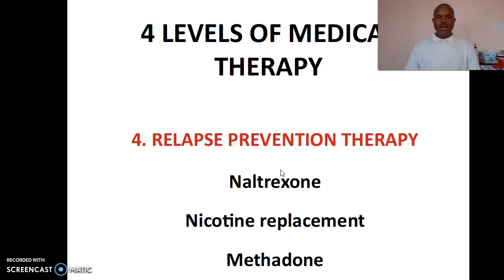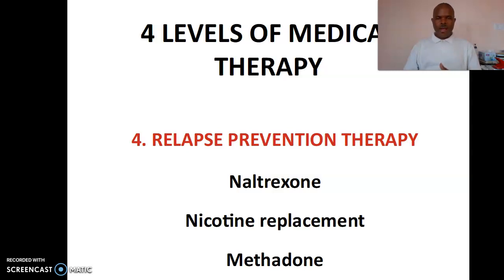Now, this relapse prevention therapy of note is that they can only work if someone has gone through rehabilitation fully and they have converted their mind to have a desire to stop abusing drugs. And so these drugs of prevention, relapse prevention, then act as aids.